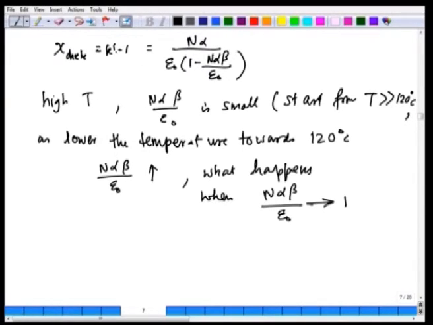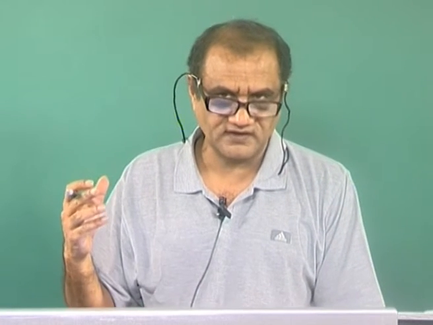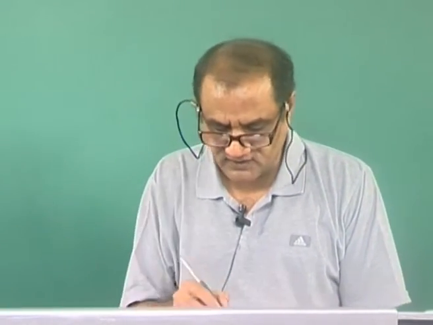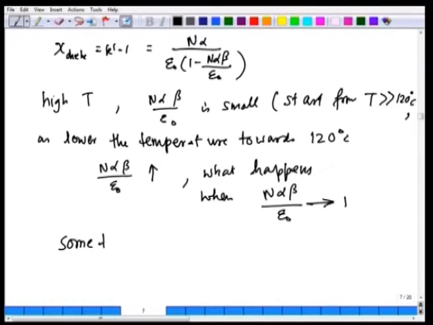But polarization is dipole moment per unit volume, and the dipoles cannot head towards infinity. So something is wrong; this is physically not feasible. Something must give, and what happens is phase transformation.